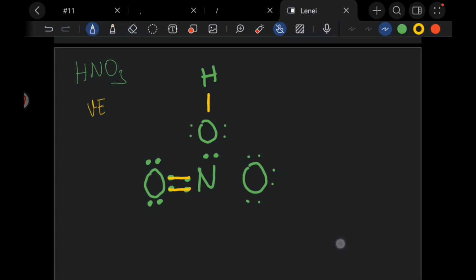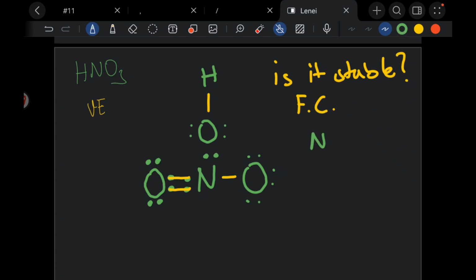The question is, is it stable? To understand that, we need to look at the formal charge. So if you look at the nitrogen, we have 5 valence electrons, and we have a bond here.